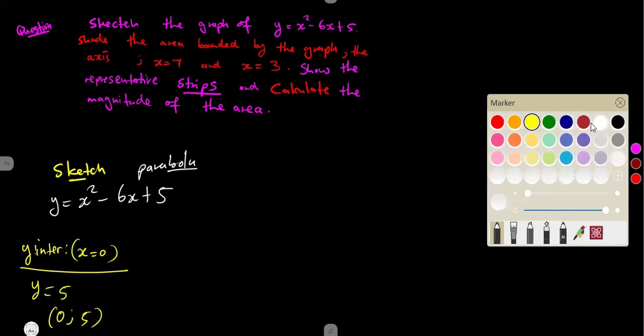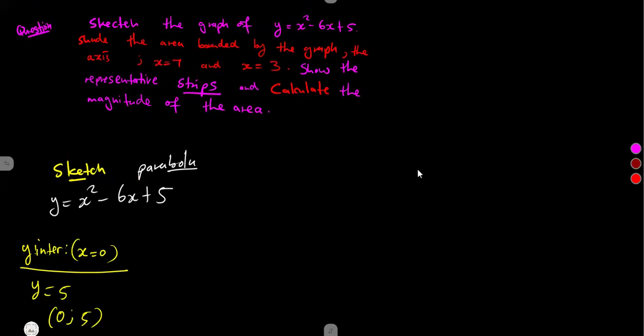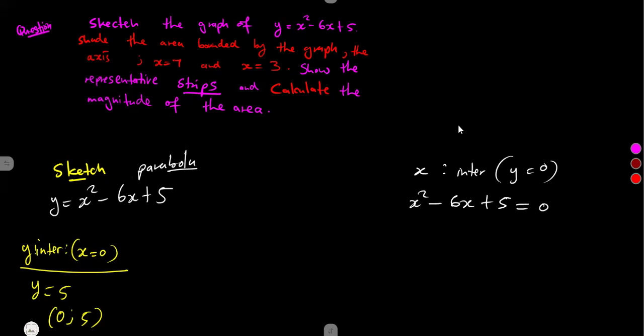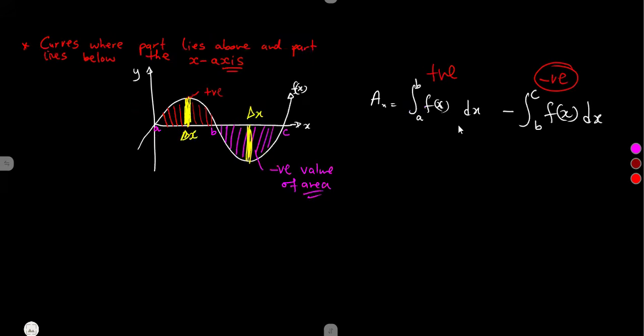You're going to do the same thing for the x-intercepts. For the x-intercepts, you have to solve now, all right? So for the x-intercepts, y is equal to 0. It means this whole function is equal to 0: x squared minus 6x plus 5. All right, another one was asking me why we don't calculate, on this last question that we had, it's only that I removed it, it was an exponential.